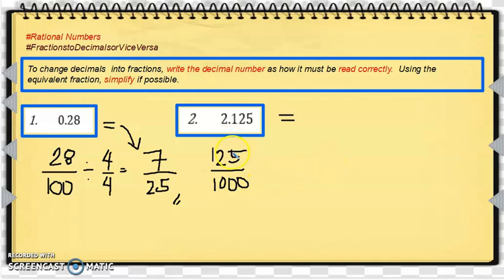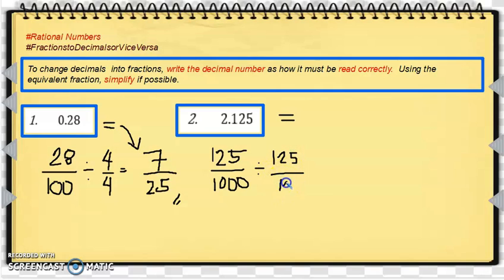Okay. Now, as you can see there, you can divide 1000 by 125, right? So, with that, we are going to divide both the numerator and the denominator by 125.